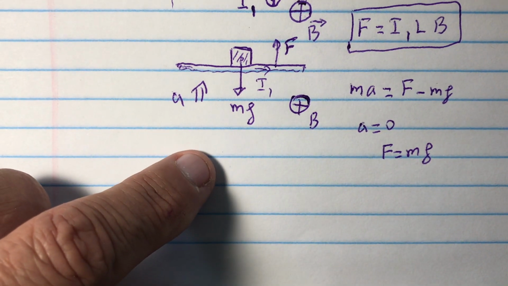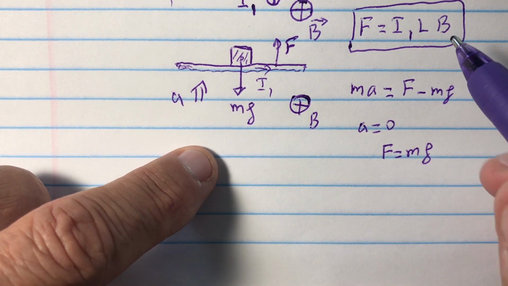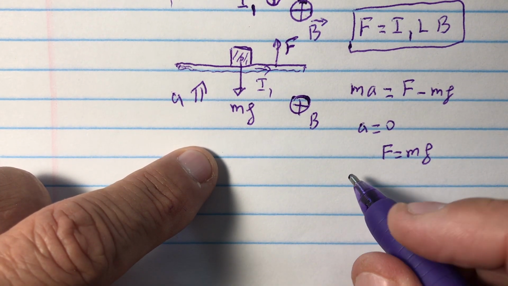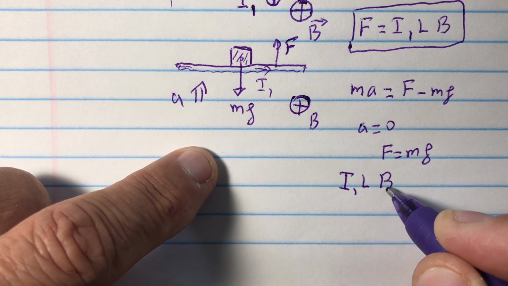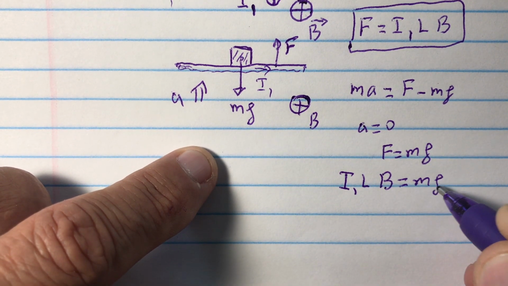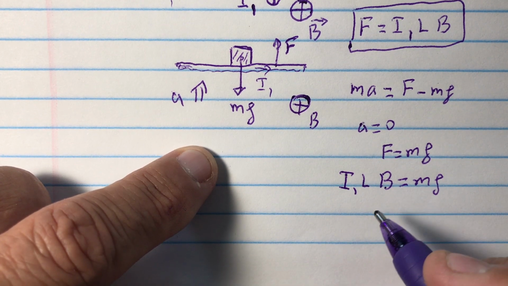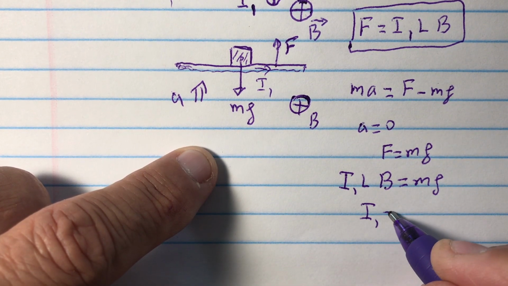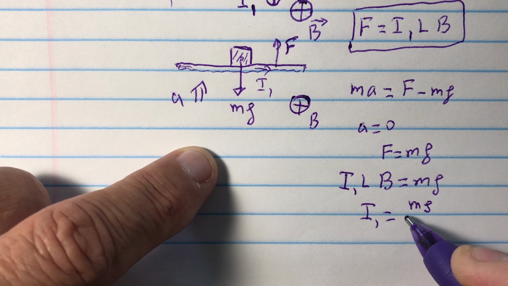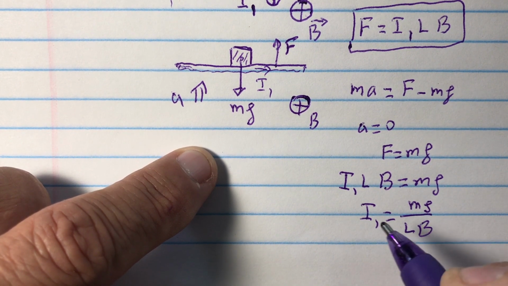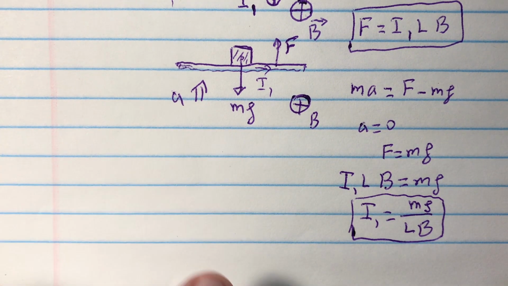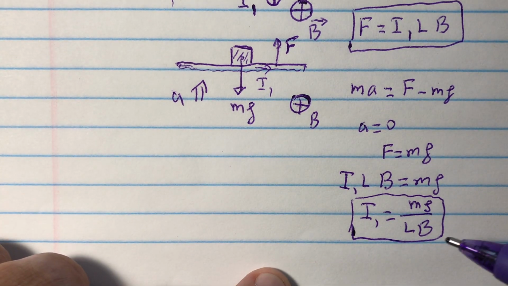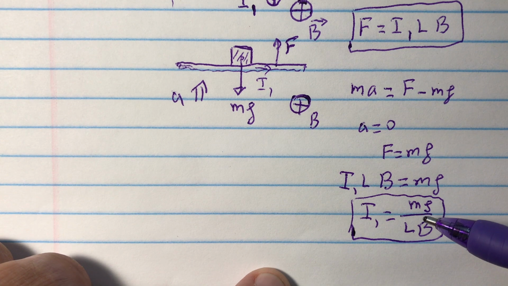Now, as you see, we calculated this F, it's here. So I can put I1 L B is equal to mg. Now the current I is equal to mg over L B. And you can see here that you can put some mass like 10 kilograms, 1,000 kilograms.